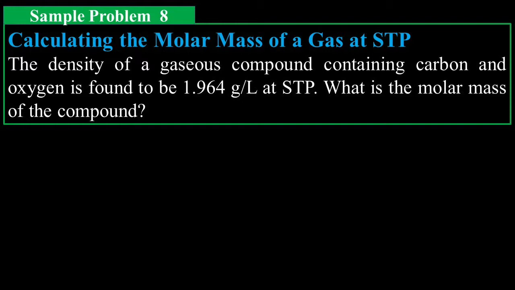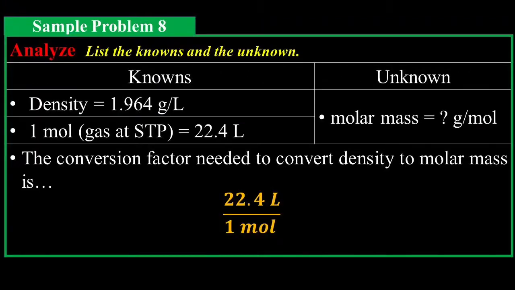So, I'm going to set it up. 1.964 grams over liters. And then I've got to arrange this so that the liters cancel. I know the density of the gas. I know 1 mole is 22.4 liters.